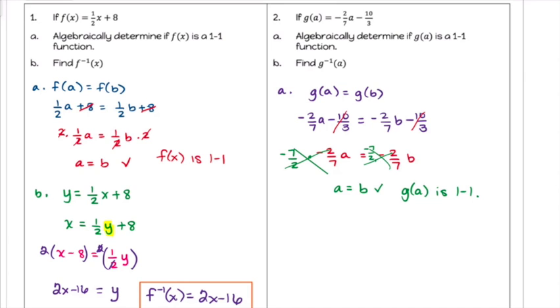The next thing we're going to do is the algebraic piece. So we're going to find the inverse. We're going to start off by just rewriting the original function in terms of x and y. Once I do that, I'm going to swap my x and y, and I'm going to solve for my new y. So I'm going to move that fraction over.